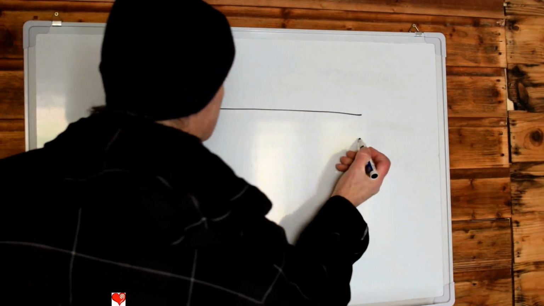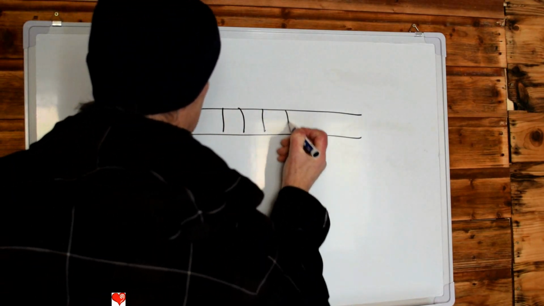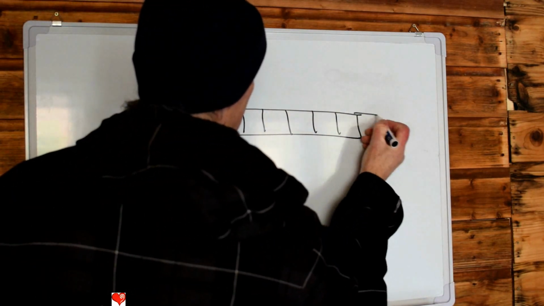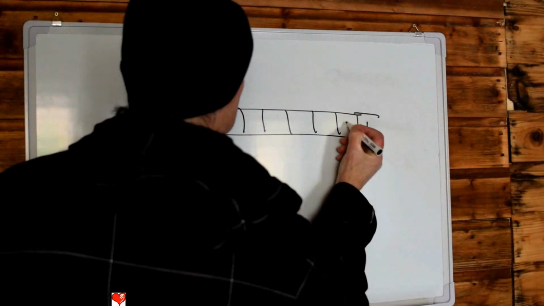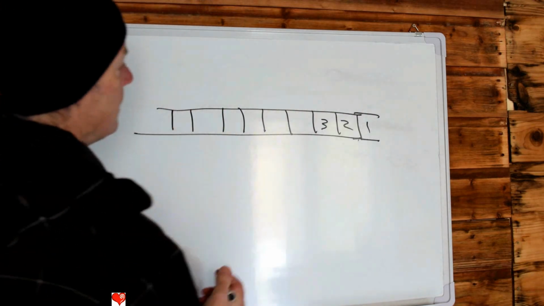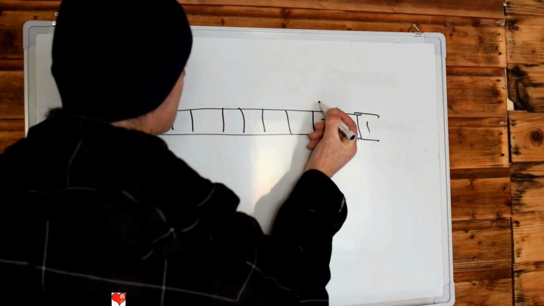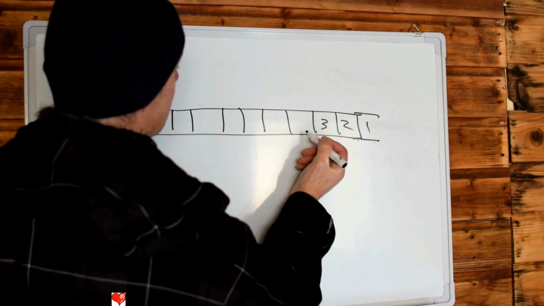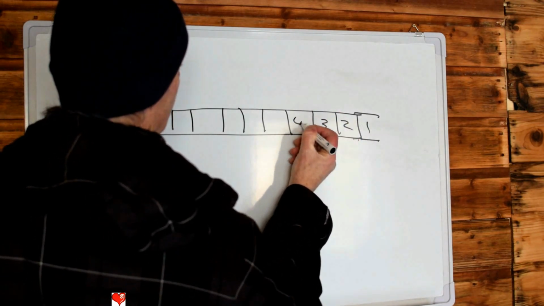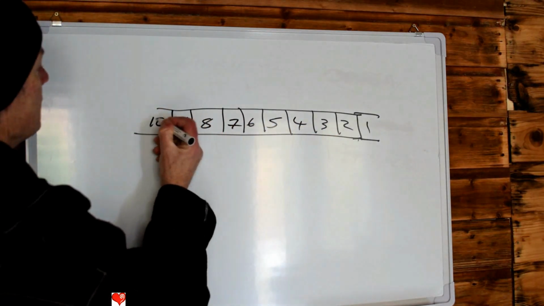We have the chain. And here's the difference. 1, 2, 3. Here it's missing a hydrogen. Okay? 1, 2, 3 in. 4, 5, 6, 7, 8, 9, 10.